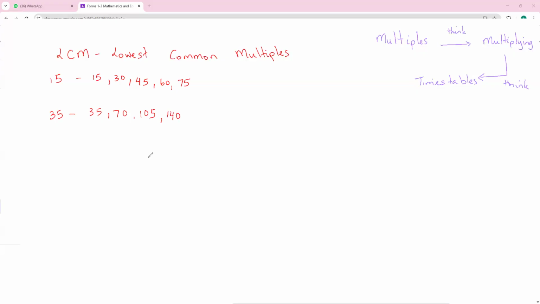If, however, you are not allowed to use the calculator, you add them manually. So you just keep adding it manually. So 75 plus 15, that's 90. So you keep going until you see something in common.